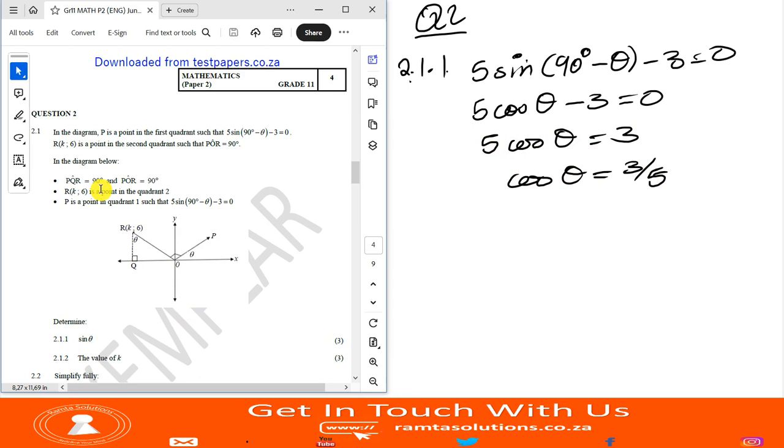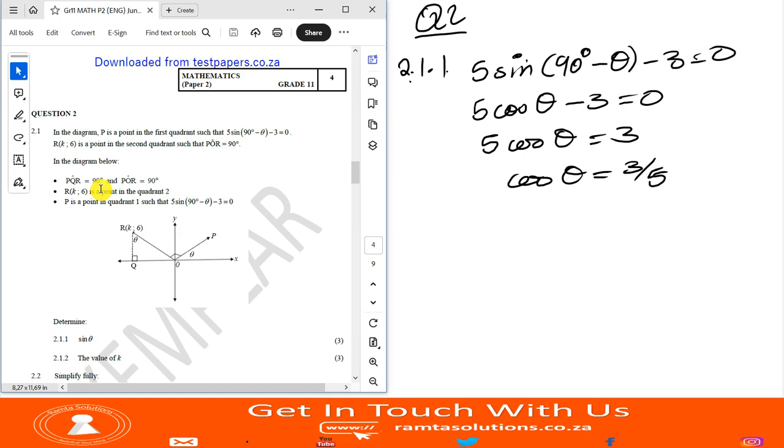The question was not asking us to find the value of cos theta. It was asking us to find the value of sin theta.